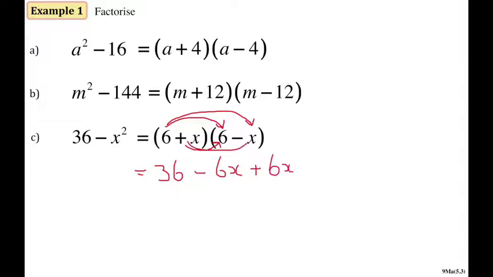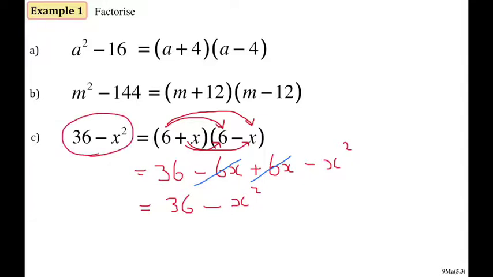And what's X times minus X? Minus X squared. And when you look at it, a minus 6X and a plus 6X cancel each other out, which means we end up with 36 minus X squared. And that is what we began with. So that's just expanding the brackets out to check that we got the correct answer.